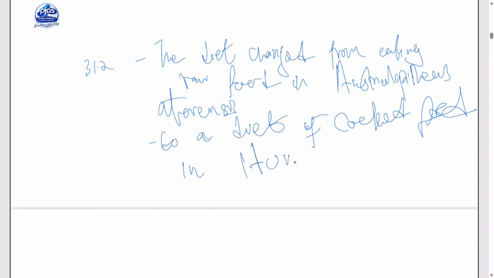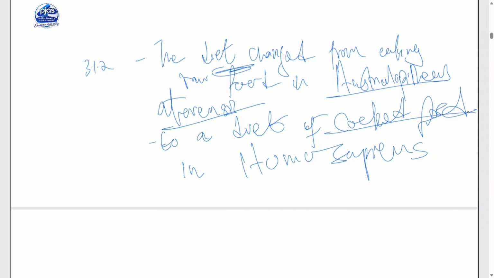You see now, where? In Homo sapiens. Meaning that now, the diet changed from what? Eating raw food where? In Australopithecus afarensis to a diet of cooked food in Homo sapiens.